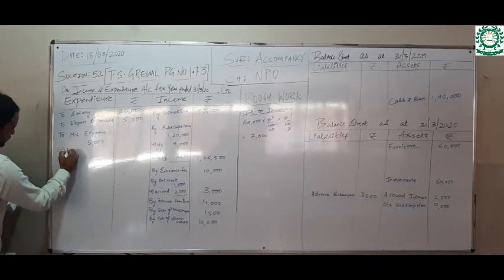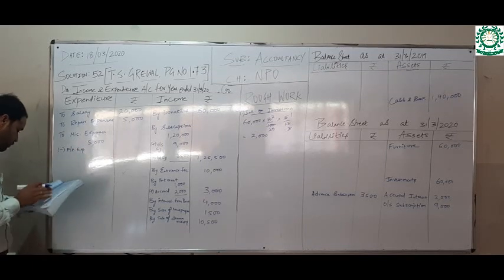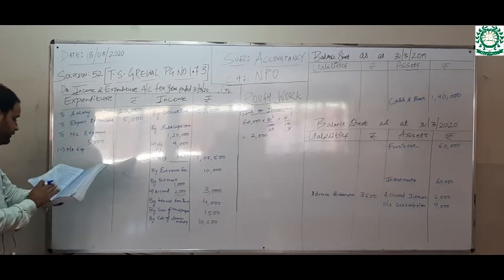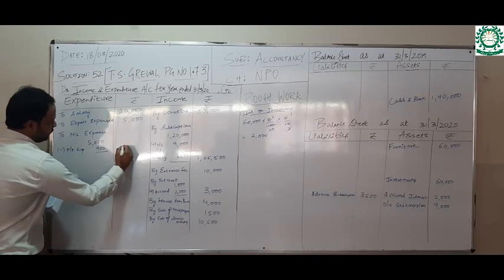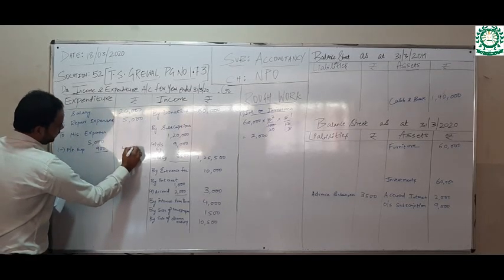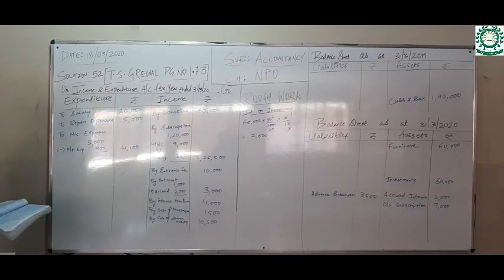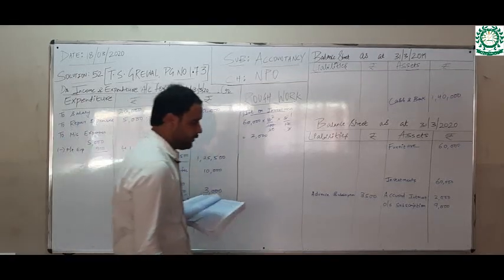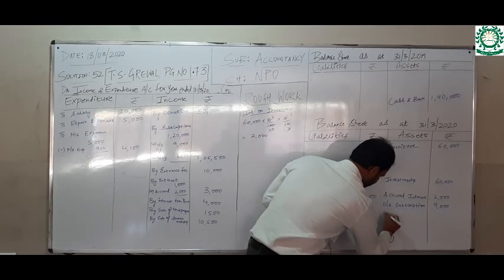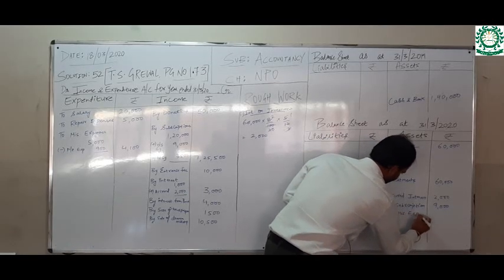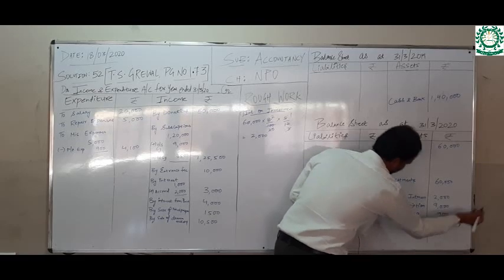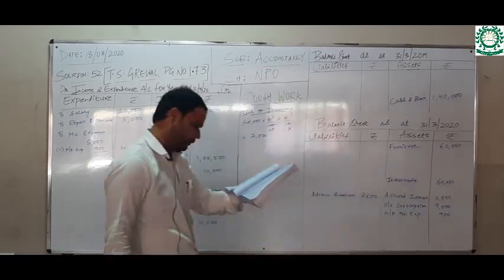So minus prepaid expense, the amount of prepaid expense is 900. So the amount is 4,100. Again, prepaid expense is our asset, so current year balance sheet, asset side, prepaid miscellaneous expenses and 900, right?